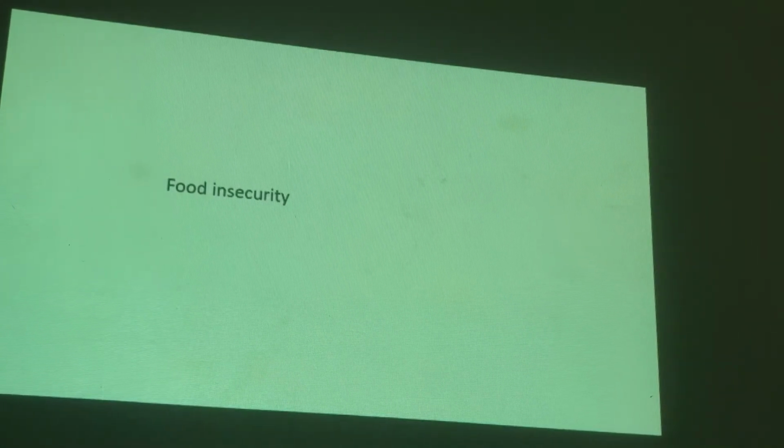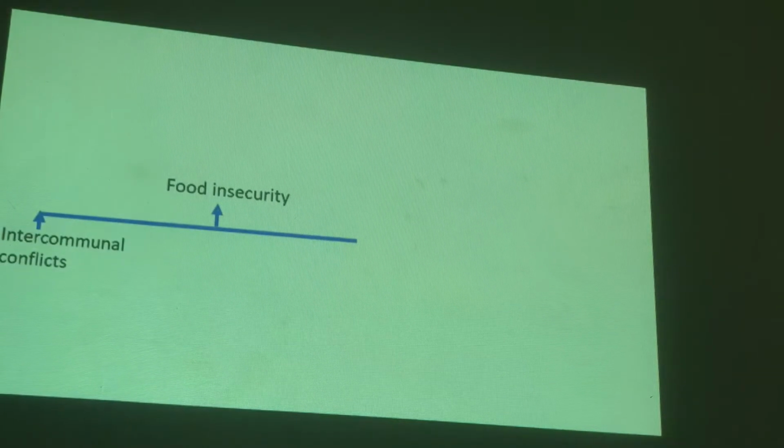Now, let's take a problem like food security. How do we apply problem tree on this food security? What are the possible causes of food insecurity? Intercommunal conflicts could be one. Intercommunal conflicts can lead to food insecurity, but intercommunal conflict itself can be a result of cultural beliefs that separate communities.